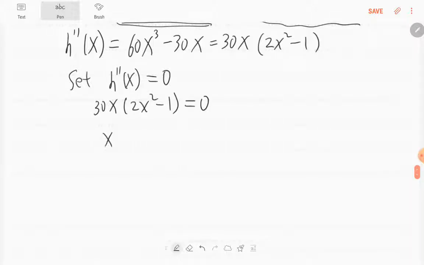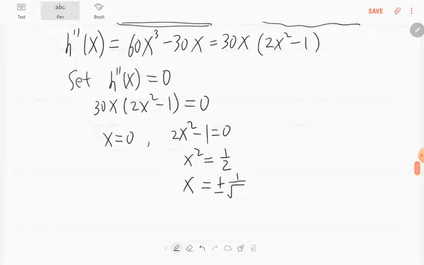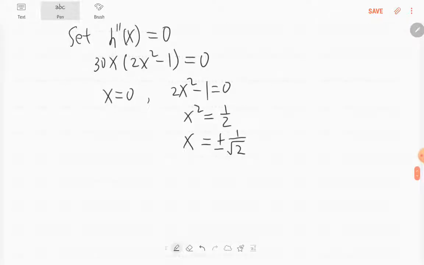So you have x equals 0 or 2x squared minus 1 equals 0, so x squared equals 1/2. So x equals plus or minus 1 over square root 2. Don't forget the plus minus sign. Then you have three inflection points: 0 and plus or minus 1 over square root 2.